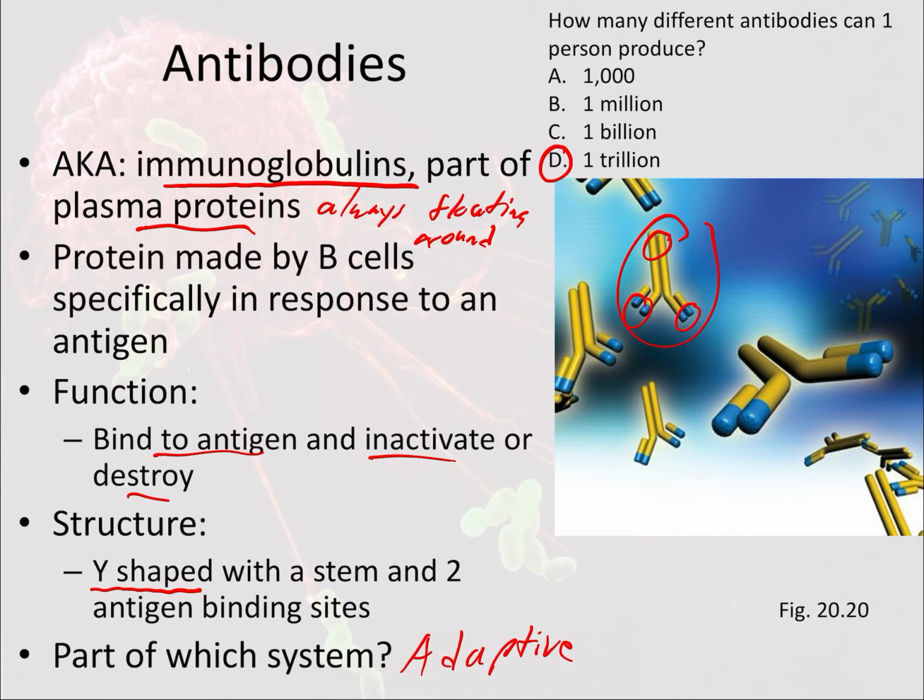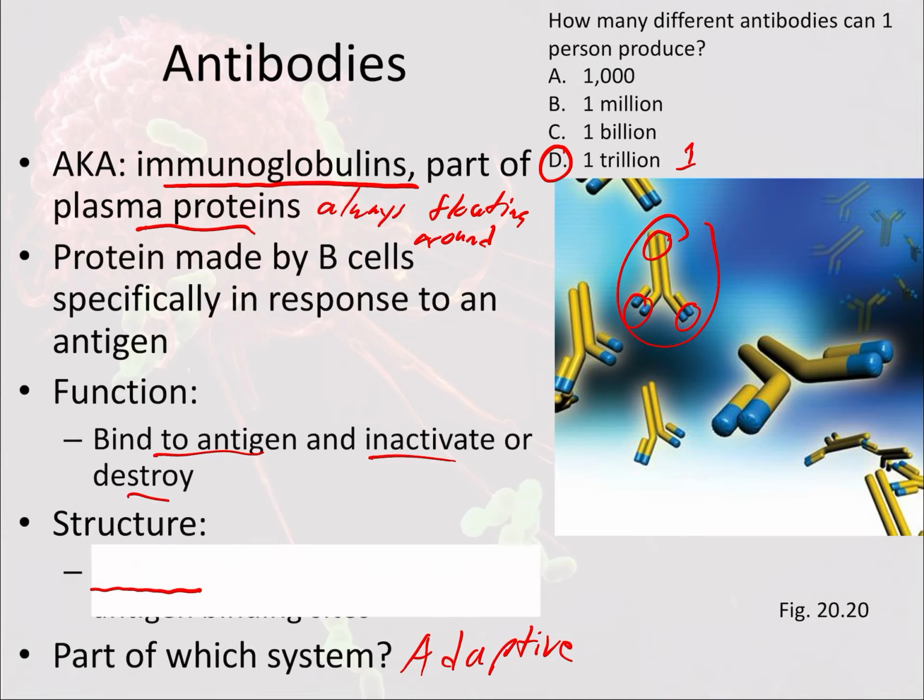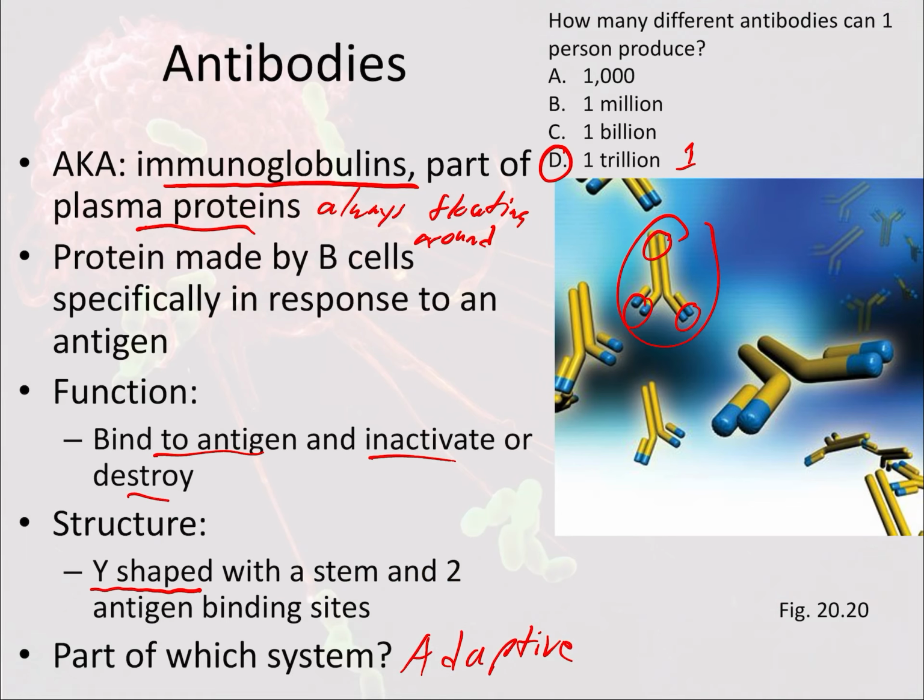So we have memory B cells that are specifically designed to make one type of antibody that's specifically for one virus, or one bacteria, or one other type of invader. And we have around 1 trillion different types of those by the time our immune system's fully developed. Crazy level of complexity and just a vastness to the immune system. It's the least understood system in our body, second only to the brain.